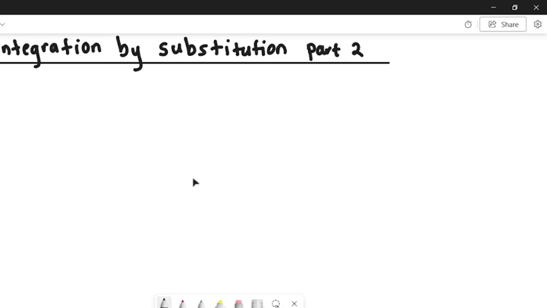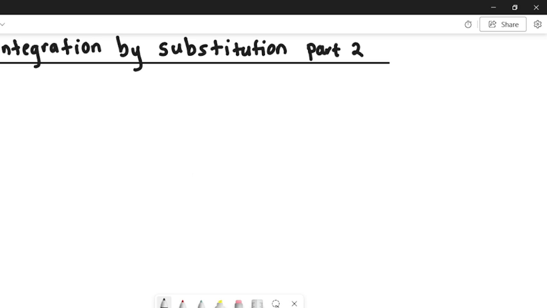Welcome to Integration by Substitution Part 2, and in this part we're mainly dealing with trigonometric functions, the square trigonometric function, the compound angles, and the products of sine and cosine. So here we're going to handle three parts.